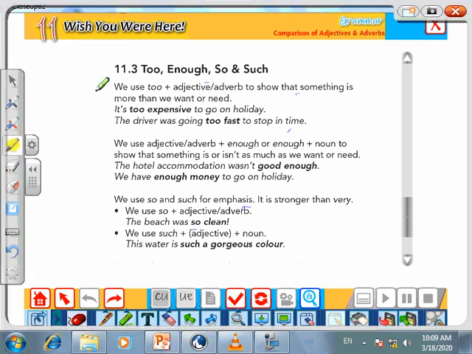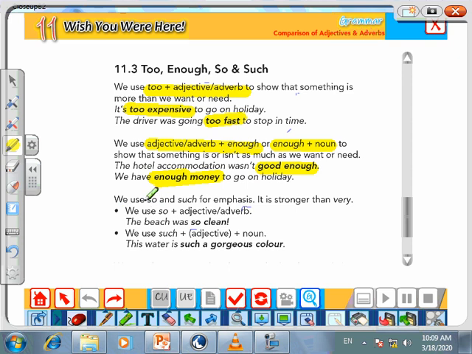As I told you here, the first rule is too plus adjective or adverb. Okay, it's too expensive, it's too fast. Okay, next, we can use adjective or adverb plus enough, or enough plus noun, like good enough. This is an adjective plus enough, or enough plus the noun, like enough money.